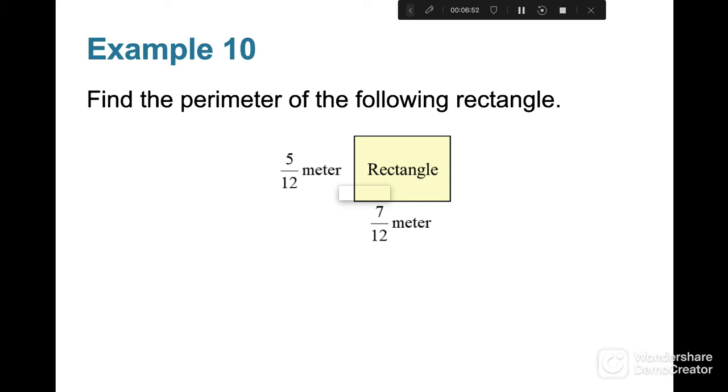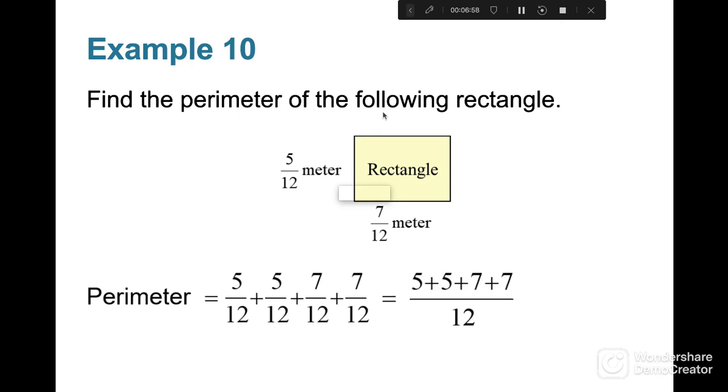The important thing to remember when I'm adding a perimeter is that this side up here is also 7/12, and this side is also 5/12. So we have to make sure we get all 4 sides in there, even though they just give us 2 numbers. Okay? Add those all together. 5 plus 5 plus 7 plus 7 gives me what? 24. When I have 24 over 12, will that reduce? It will, to the whole number 2.